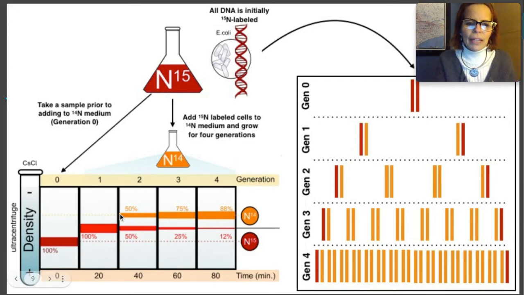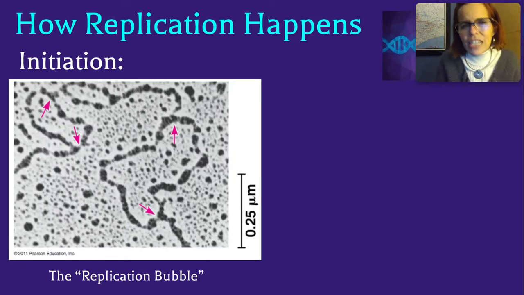And so if you look at the banding pattern, here's the light nitrogen pattern, and here's the medium pattern, the ones that have a light and a heavy. And then as you continue through the generations, more and more of the DNA is light, and there's always a small amount that has that heavy original DNA. All right, so that's a super cool, ingenious experiment that they did in the 1950s.